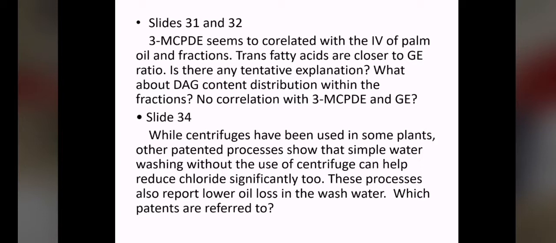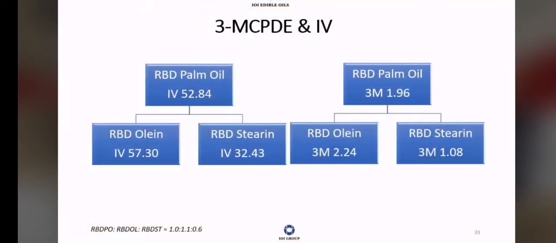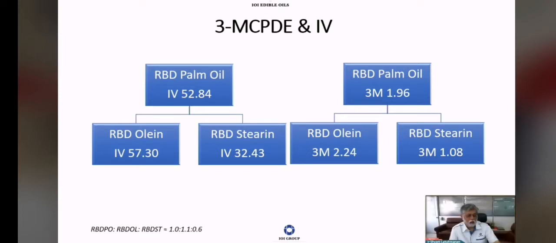Okay, as I mentioned during the presentation, the 3-MCPD and GE testing is very tedious. So what we have been looking at is a faster method to determine what would be the 3-MCPD and GE in our products. So again, a disclaimer here, this could apply to our refinery and may differ for others.